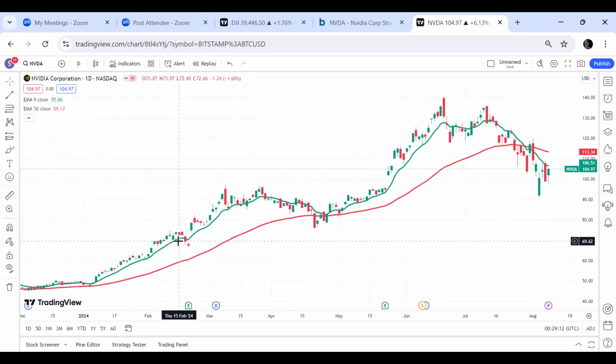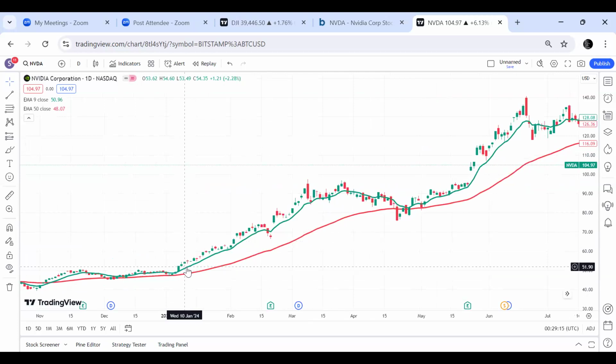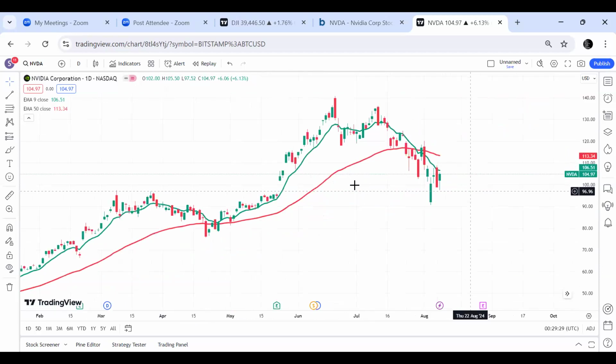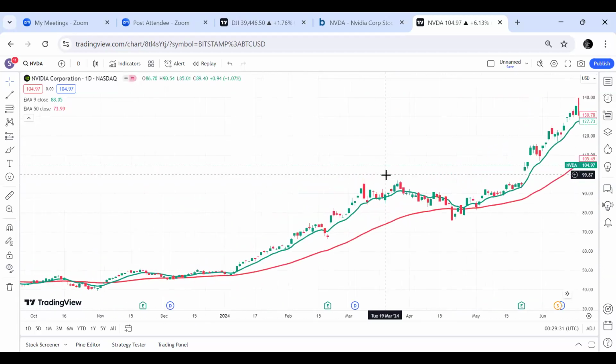Like you can see here, the 9 moving average is responding to the recent price changes very accurately. Whereas the 50 moving average, you can see, tends to be somewhat slow. It doesn't respond as fast to the recent price changes. So that's the difference between slow moving averages and fast moving averages.